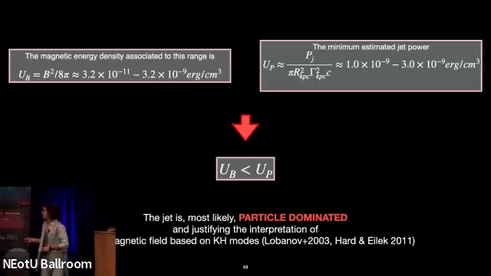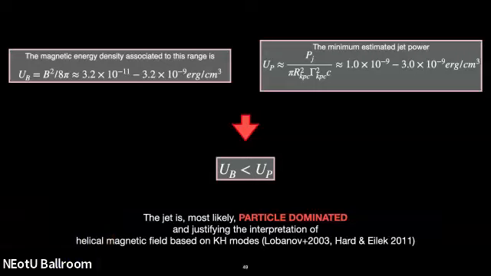So this justifies the interpretation of a helical magnetic field based on the Kelvin-Helmholtz instability. The Kelvin-Helmholtz instabilities are produced from the accretion disk, and the magnetic field and instabilities feed each other and stay visible until kiloparsec scale.